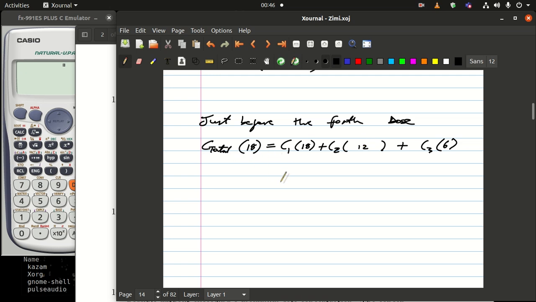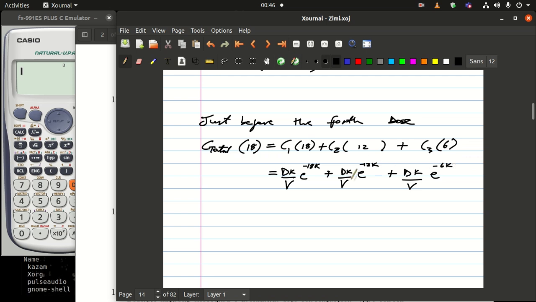So when you look at this, this is just going to be Dk divided by V, e raised to minus 18k, plus Dk divided by V, e raised to minus 12k, and then Dk divided by V, and then we have e raised to minus 6k. That is what we are having here.